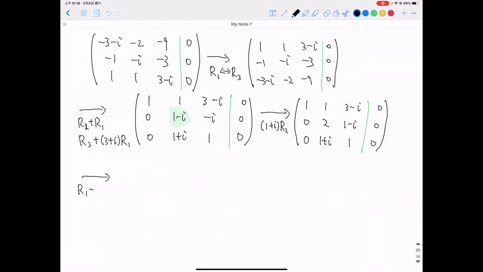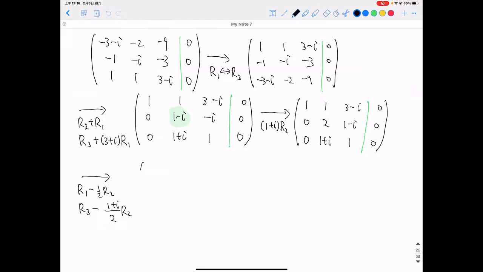So R1 minus half R2, that will get rid of the 1. R3 minus, what are we going to do? Well, we have to divide by 2, and we have to multiply by 1 plus i, R2.